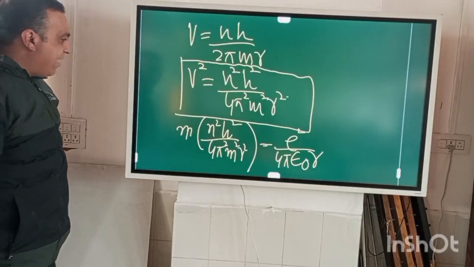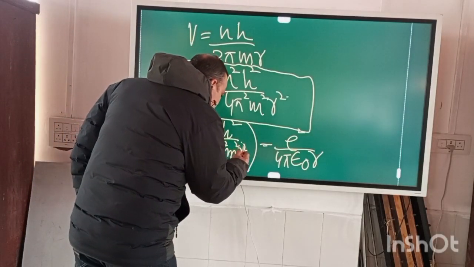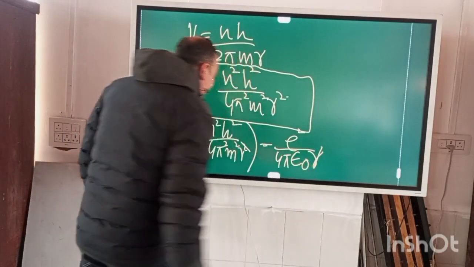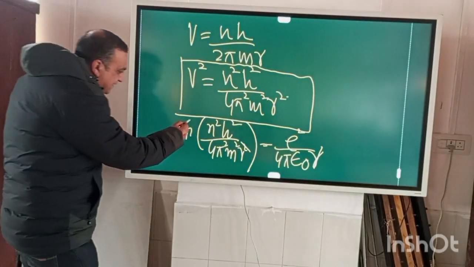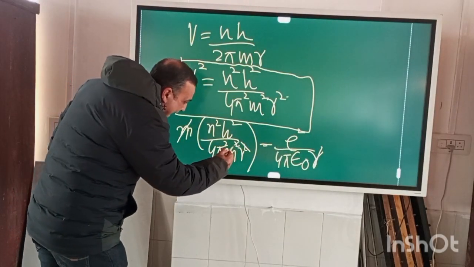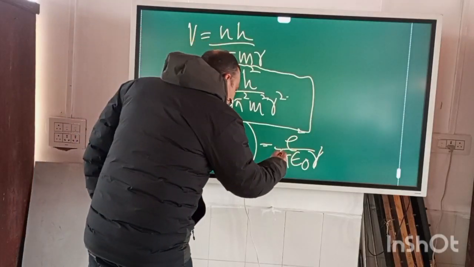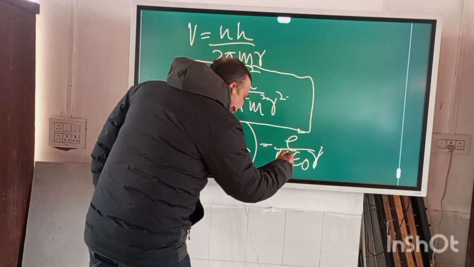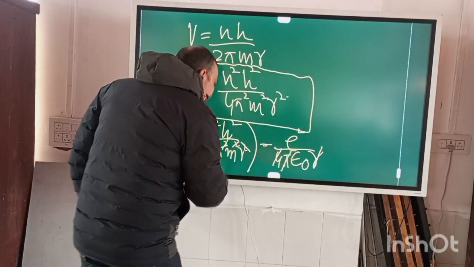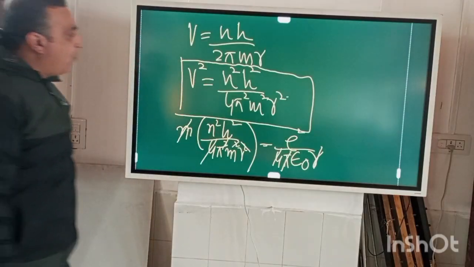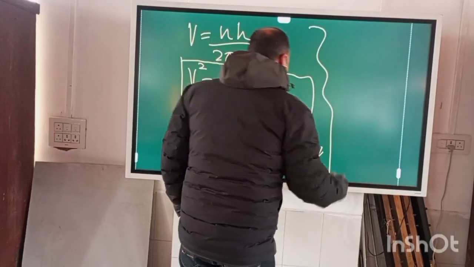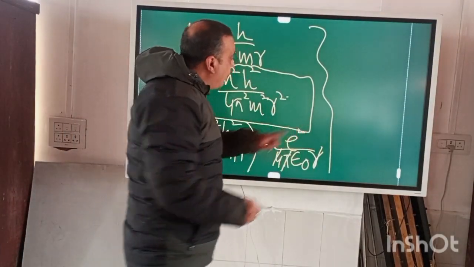Fine? Now you can cancel square of r and r. You can cancel this m with the square of this. You can cancel this 4 with this 4. You can cancel this pi with the square. So what will be r? I want r, so I will take r on the other side.